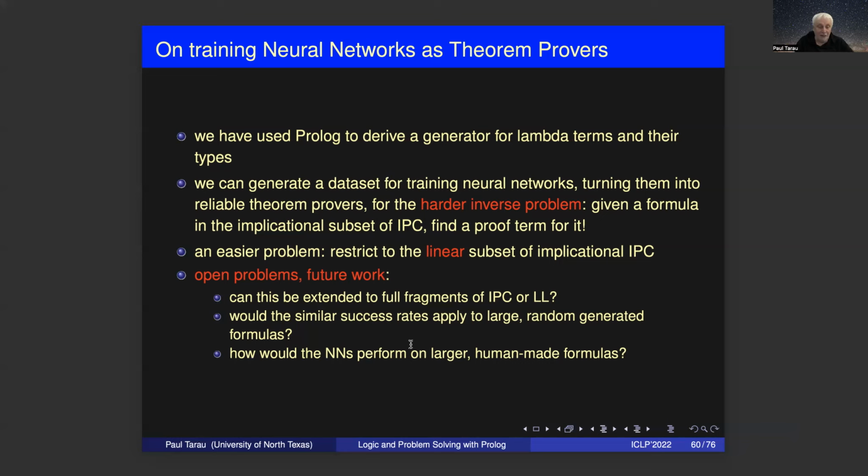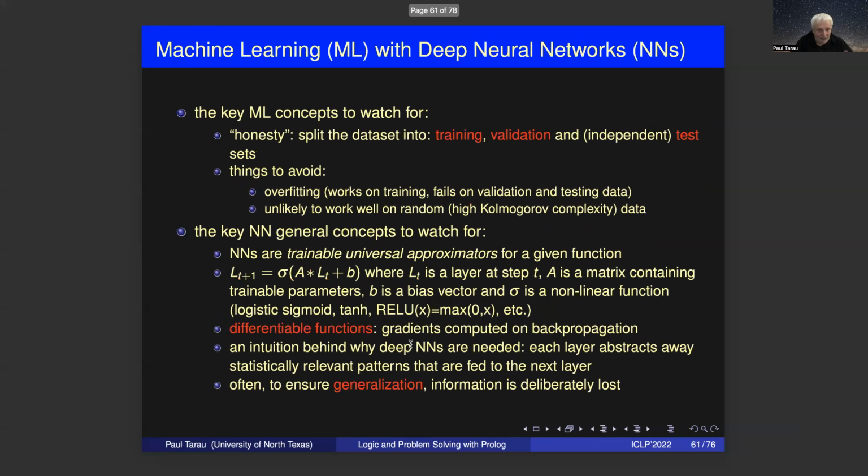It's not just telling you that this is a theorem or not, so it's not just a classification problem, but it actually tells you why it is so by giving you the proof. So this can be also extended further down to full fragments of the logics, but let's just look at how we do it with machine learning very quickly.